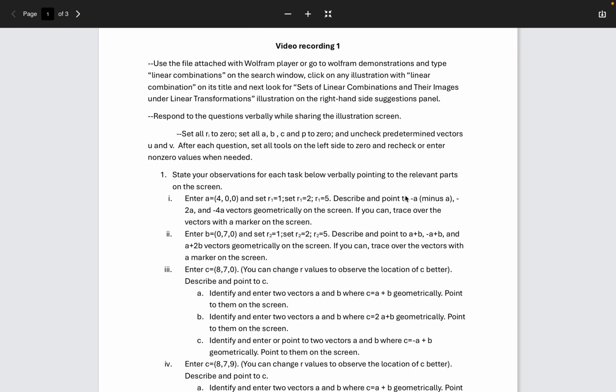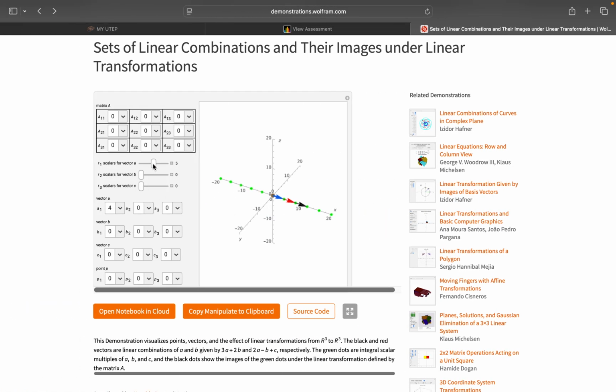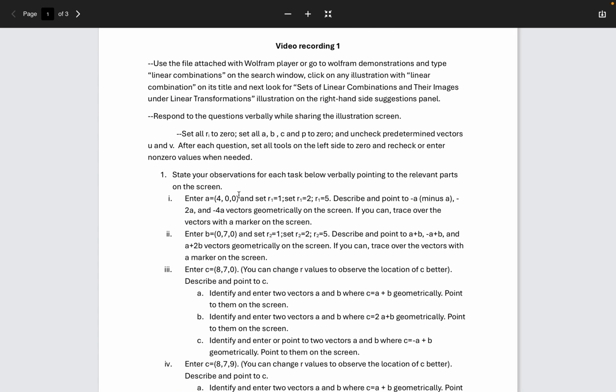We also have to see minus 2a. So this would be the representation for negative. And then 2a would be multiplied negative: instead of going twice to the front and ending up at 8, we would end up at -8.